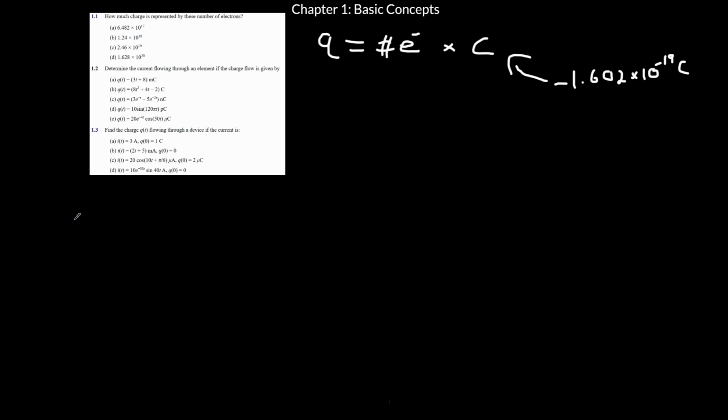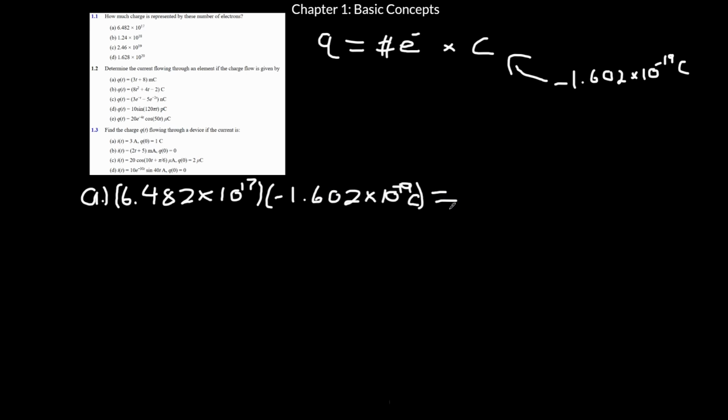So for A, the implementation for this would look like 6.482 times 10 to the 17, and then we're going to multiply this by this charge of a single electron.